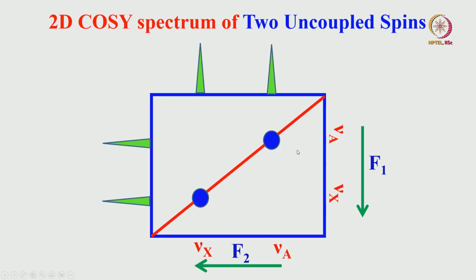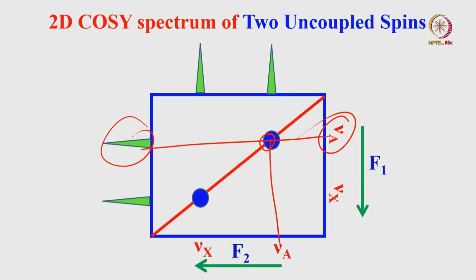When I do the Fourier transformation of these 2 uncoupled spins, if I take the frequency A, it remains the same in this axis and also in this axis. Take the peak here, go horizontally, I get a peak, go vertically, you get a peak, and this frequency is the same.